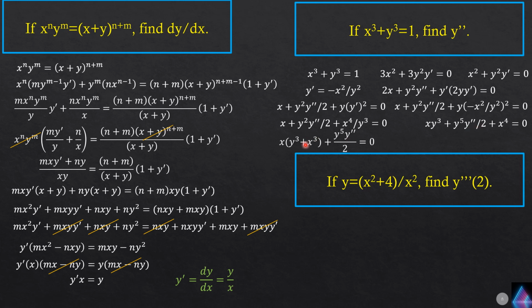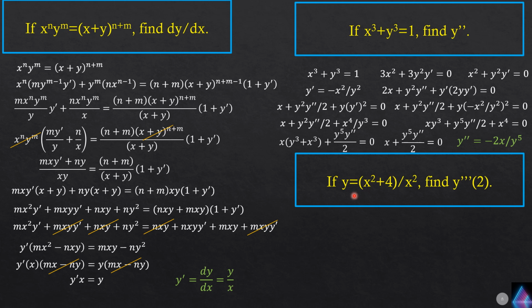We note that x cubed plus y cubed is 1. We replace this by 1. So that reduces to x plus y to the fifth y double prime over 2 equals 0. Finally, we get y double prime equals negative 2x over y to the fifth. So that's the answer for that problem.